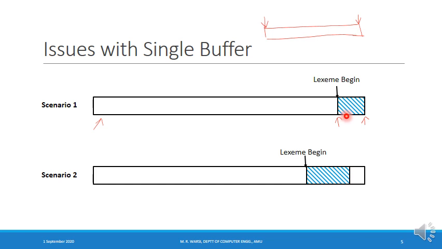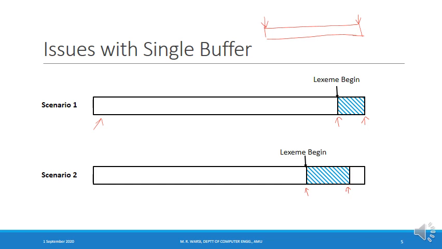In the second scenario, let's assume that I have the whole token in the buffer. This is where it is beginning, and this is where it is ending. I told you that in some cases you may have to scan several characters beyond the token in order to recognize it.